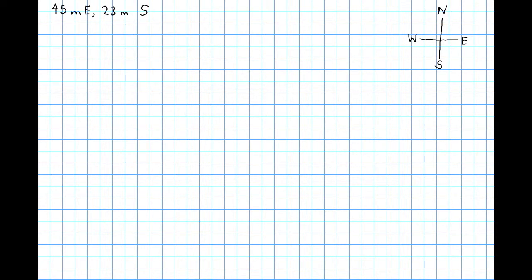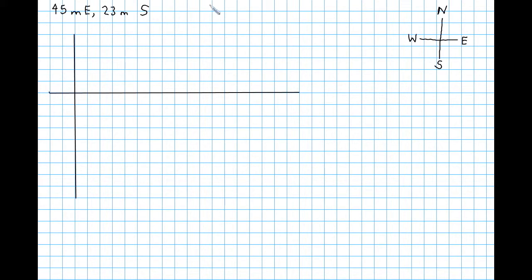And then I'm going to draw my coordinate plane, or whatever you want to call this, that you guys use in math. I know our person is going east and south, so I don't really need a lot on this side. And then you want to make some sort of scale.